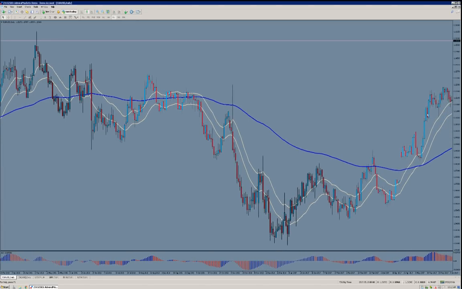Now, after this big move has happened here, the picture starts to change, because now what you're starting to see is that the short-term moving averages are spreading out and creating a gap to the long-term moving average. So the space is widening, and that is when a trend starts. This is the nature of when a trend starts.